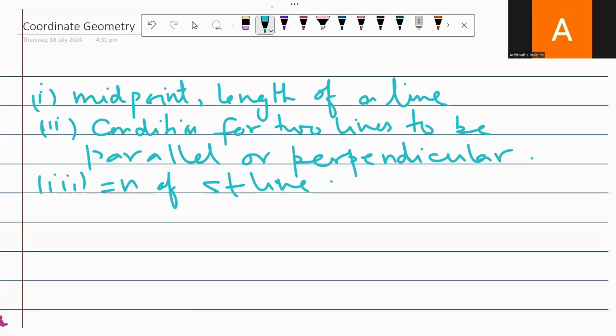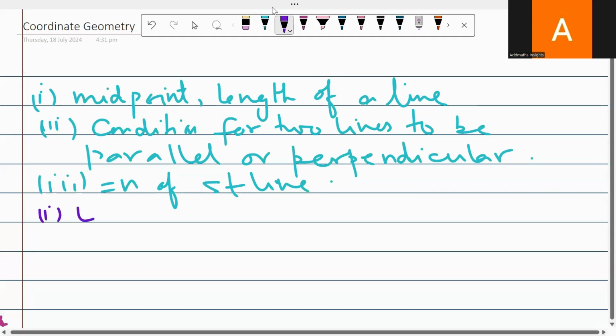So to solve all these questions, first you must be familiar with the different formulae. First formula is about the length of a line. Length of a line or distance between 2 points means the same.